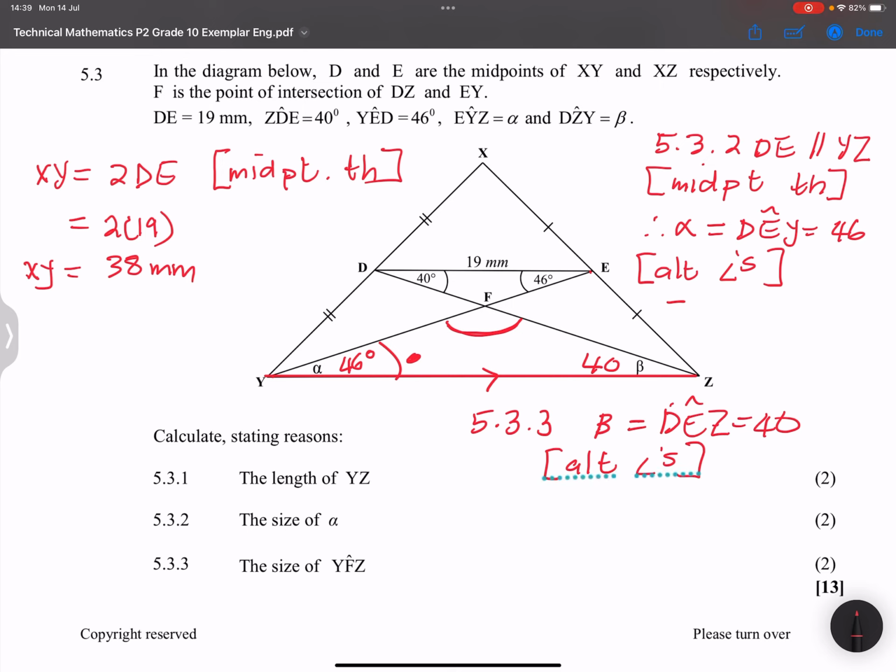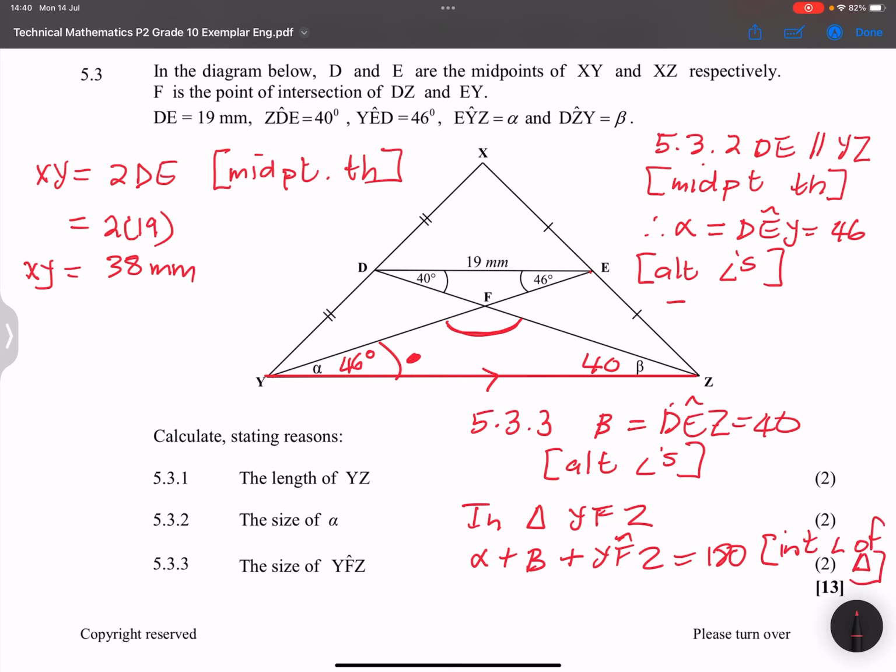And so, ladies and gents, in triangle YFZ, we know that angle alpha plus beta plus the angle they are looking for, YFZ, is equal to 180 degrees. Remember, these are the interior angles of a triangle. You need to state the reason all the time, ladies and gents.